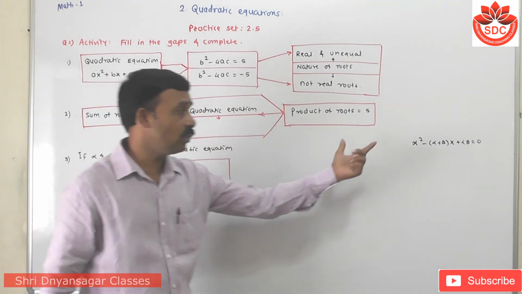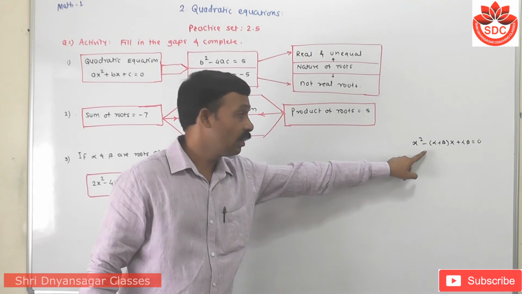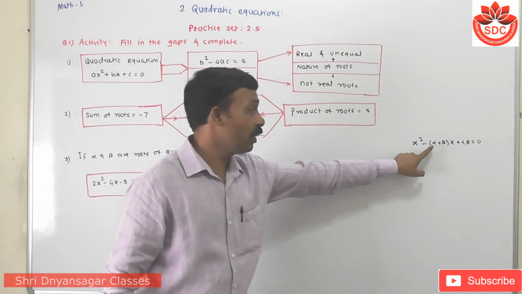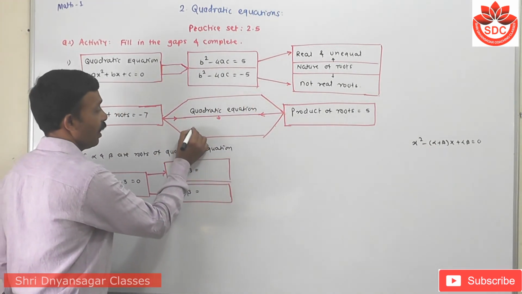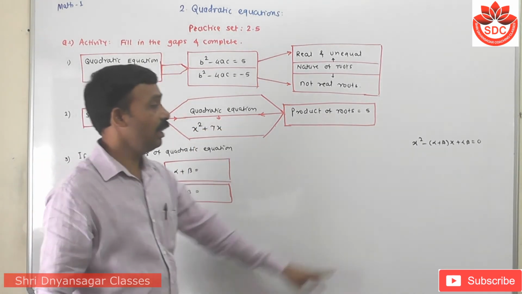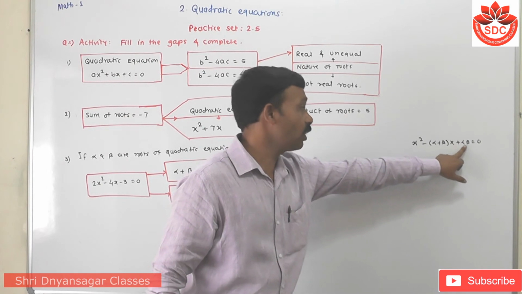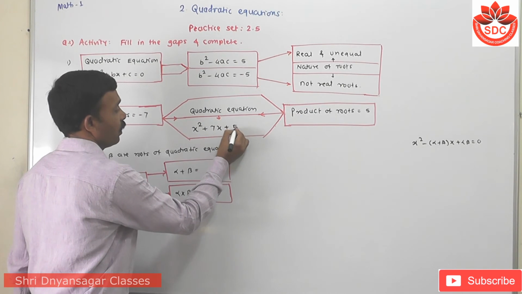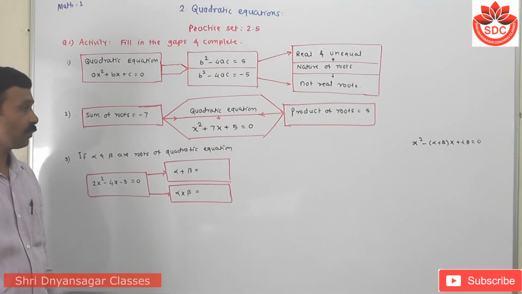We have to substitute the values of the sum and product of the roots in this formula. Here the sum of the roots is minus 7, so we substitute minus, minus, so we write x square plus 7x. Then sum of the roots into x plus product of the roots. Product of the roots is 5. So plus 5 is equals to 0 is our quadratic equation.